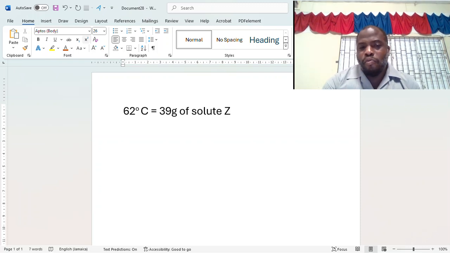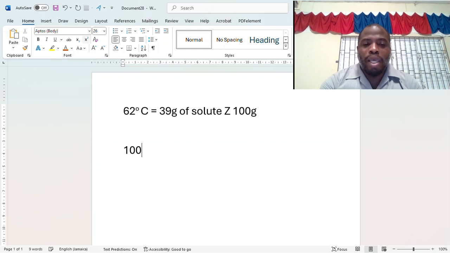And while we were at that 62, in terms of the mass of the water that we were using, the mass of the water was 100 grams. And from this we can get a conversion factor.